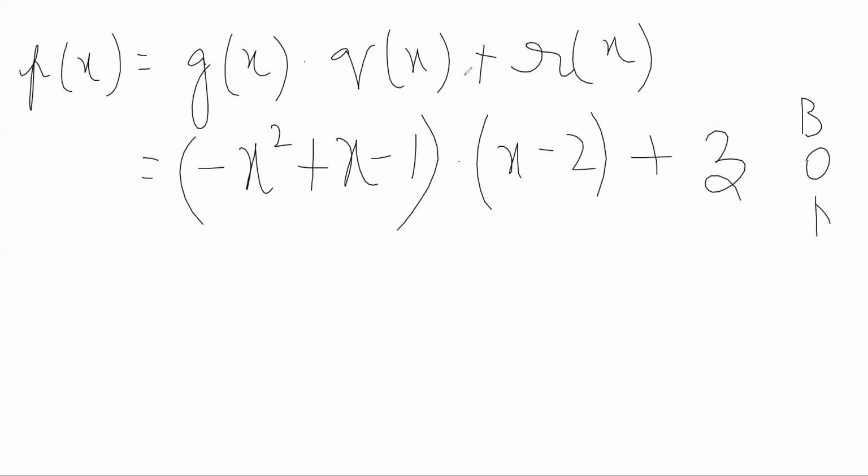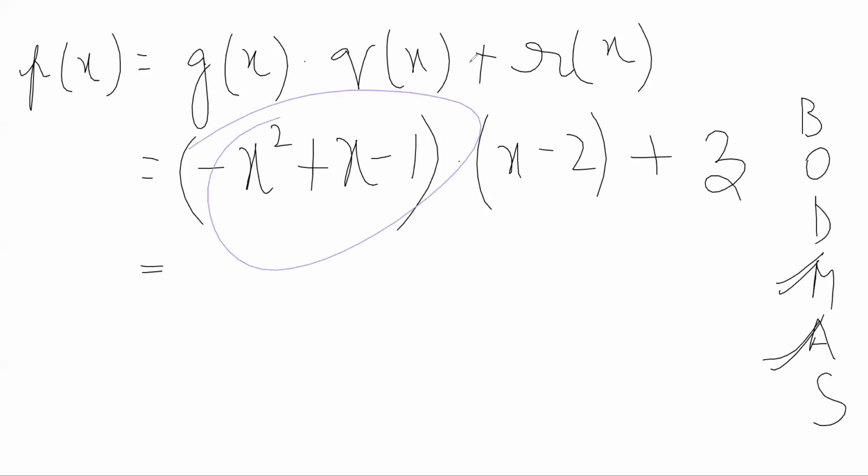Now you should use the BODMAS method. According to the BODMAS method, in this problem, multiplication comes first, then you can add. So first we multiply minus x square plus x minus 1 with x minus 2.